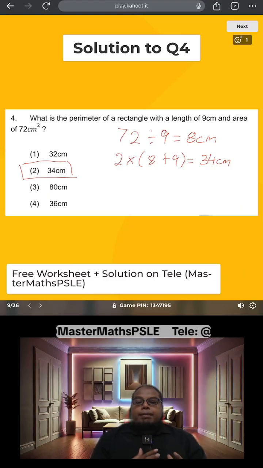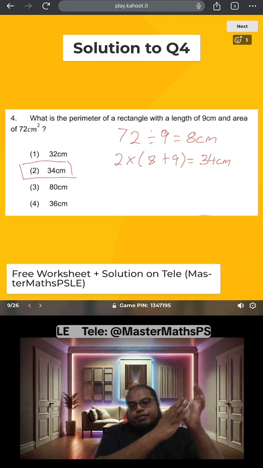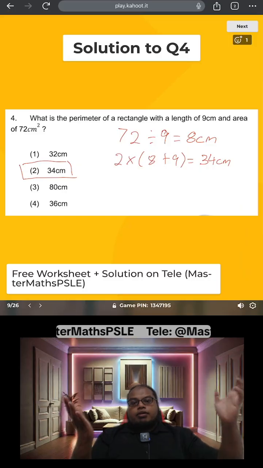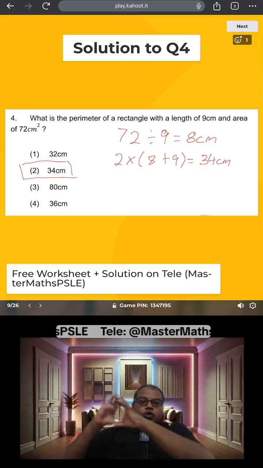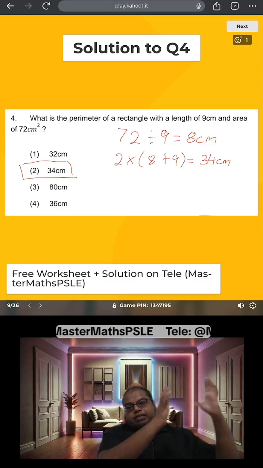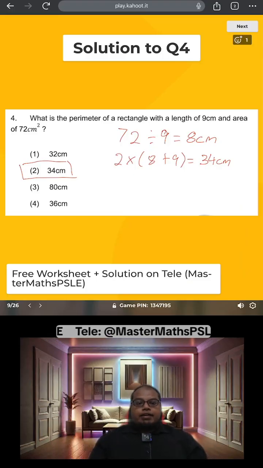So 8 cm is the breadth. Because you see, area is length times breadth. If I got area, I got the length, I don't have the breadth. So it's like, you got the area answer equals to length multiplied by some unknown. So to go back, we divide by 9, that's how we got 8 cm.